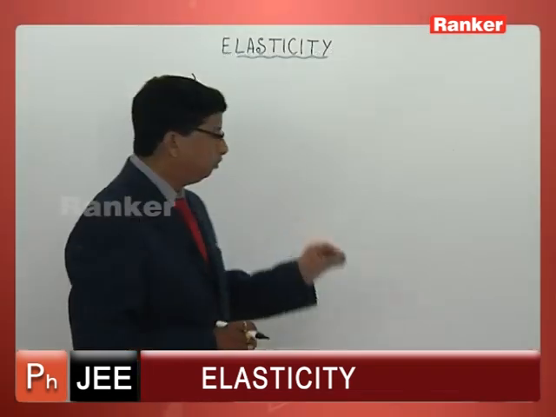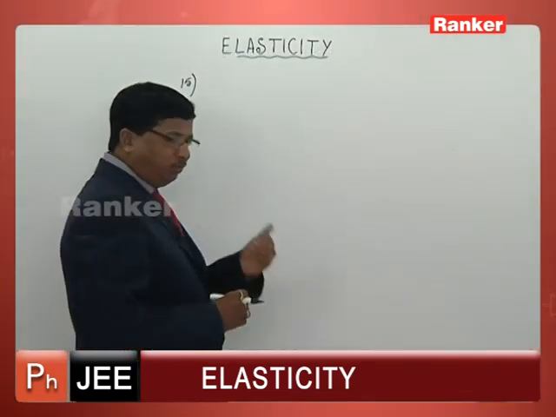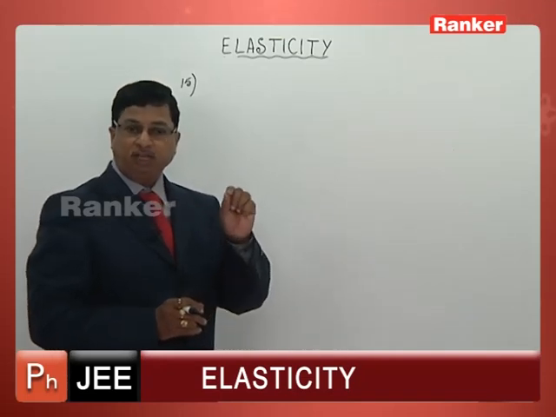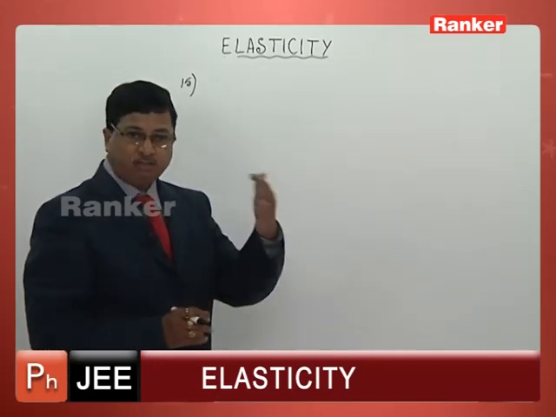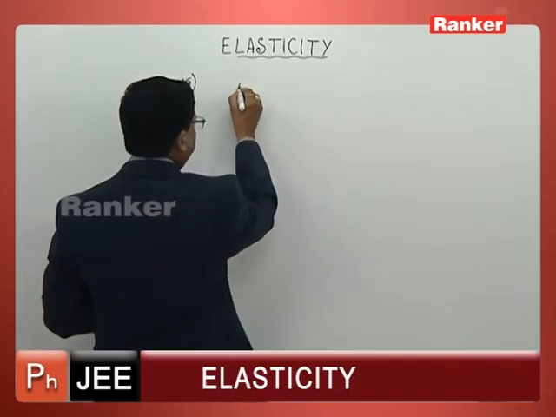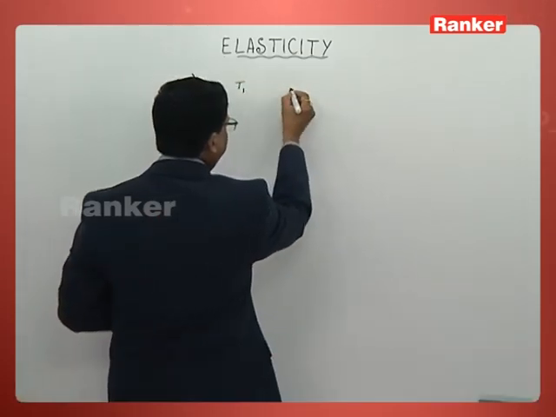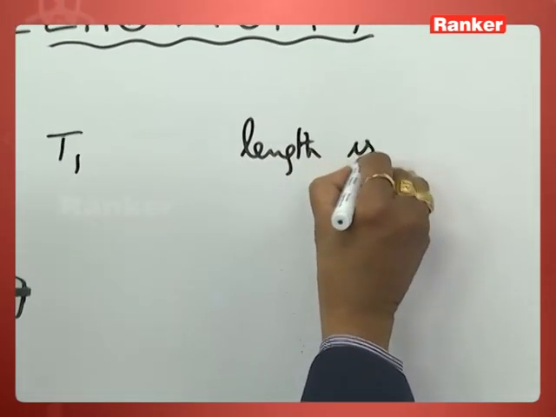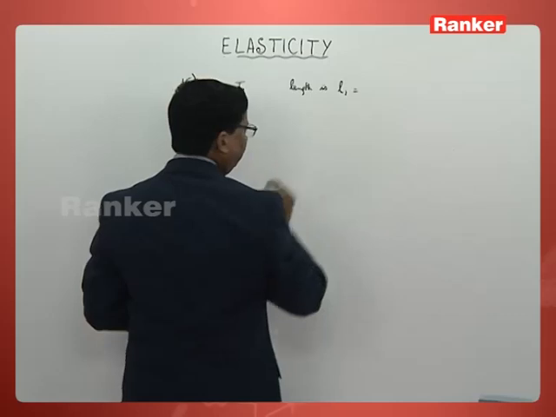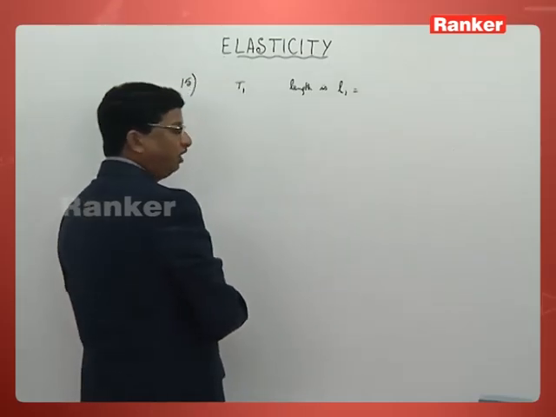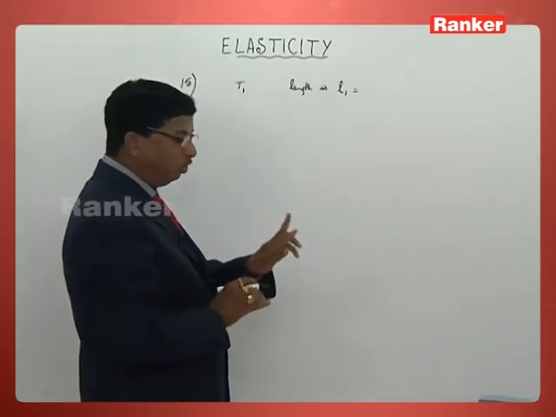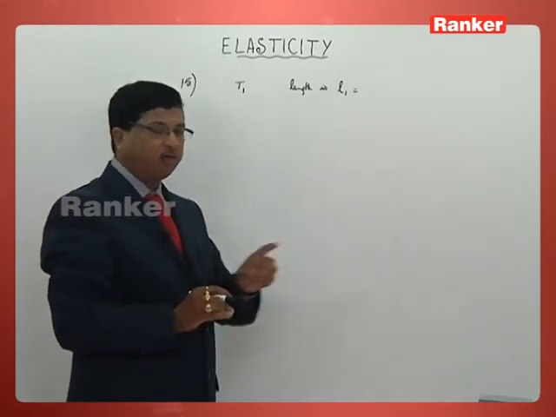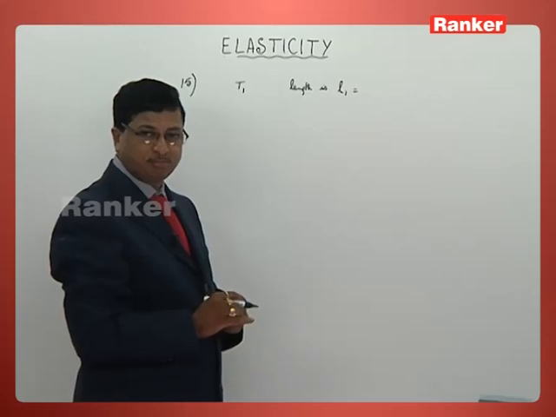This is one of the excellent models once again. What is he saying? Length of a metal wire is L1 when the tension is T1. That means this L1 is nothing other than the original length plus the elongation produced at that particular stage.